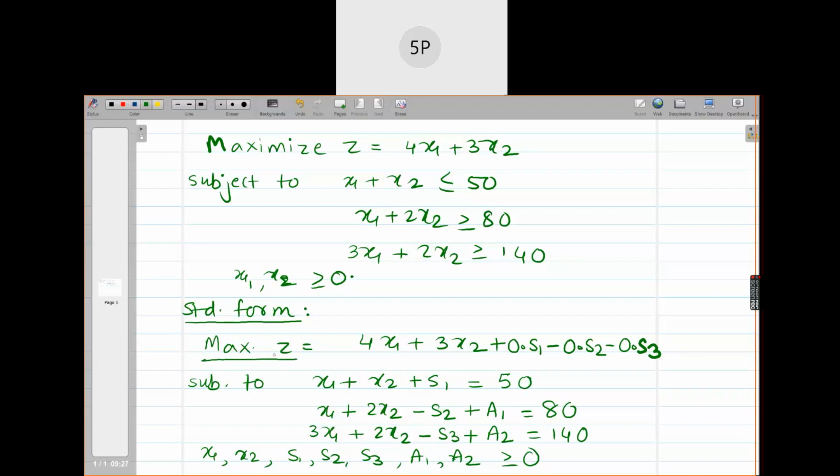When the objective function is to be maximized, the coefficient of the artificial variable is taken as minus M in the objective function. And when it is to be minimized, the coefficient is taken as plus M. And M itself is a very large quantity, so M is sufficiently large, that means it is positive, obviously.